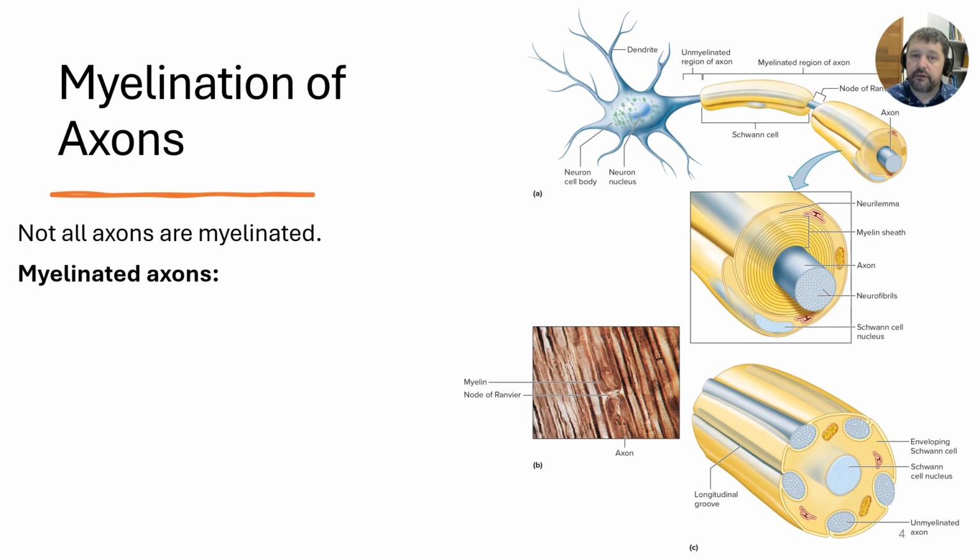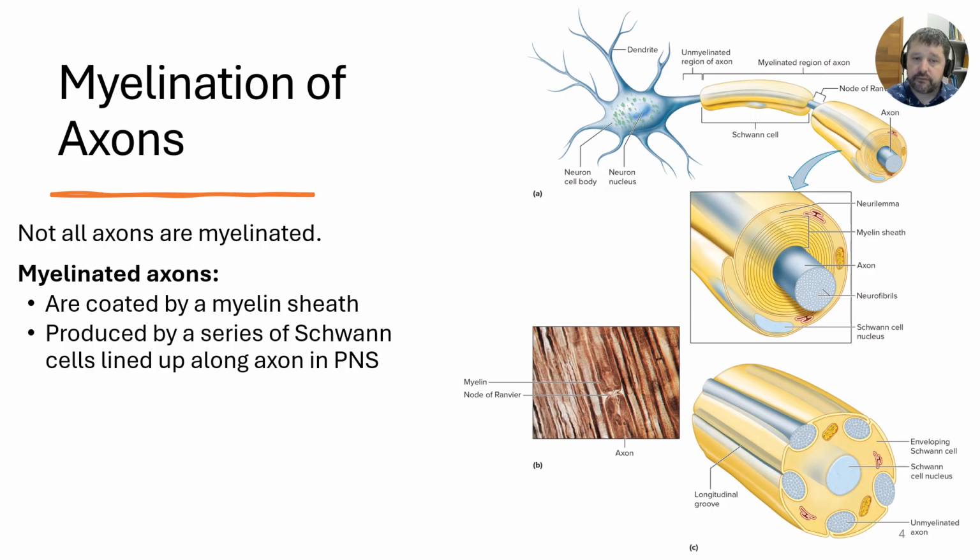Not all axons are myelinated, but when they are, you have this sheathing material that covers the neurofibrils or the axon. Again, that sheathing material is called the myelin sheath, and it's a component of protein and lipids, or protein and fats.